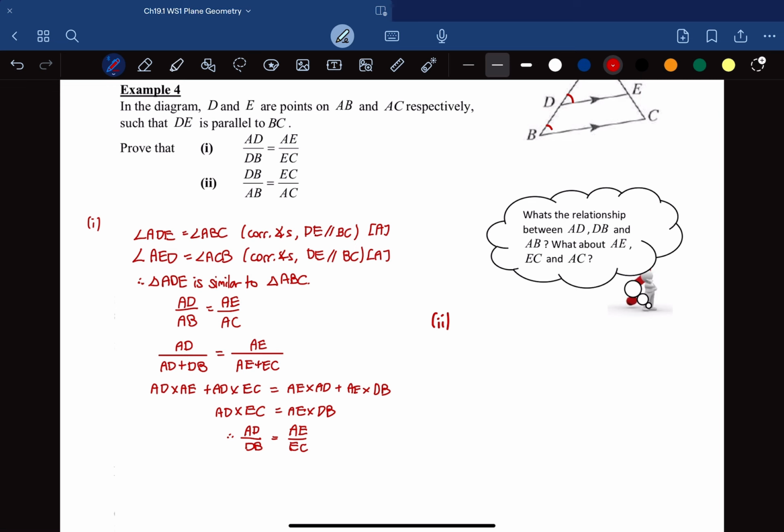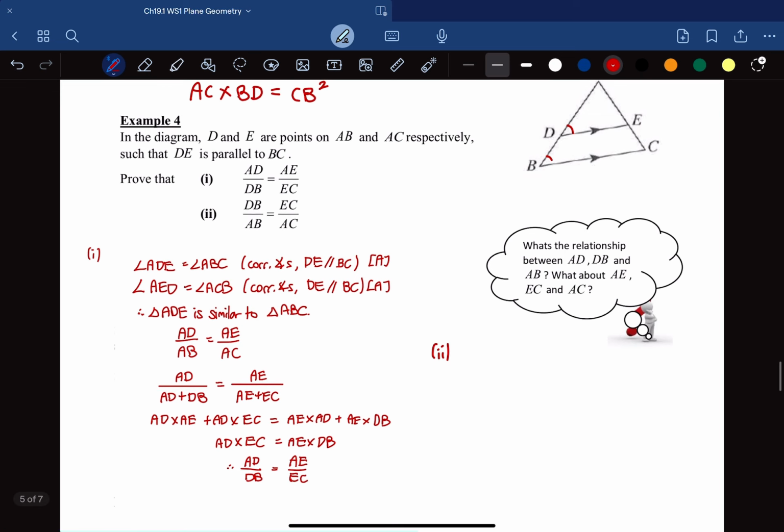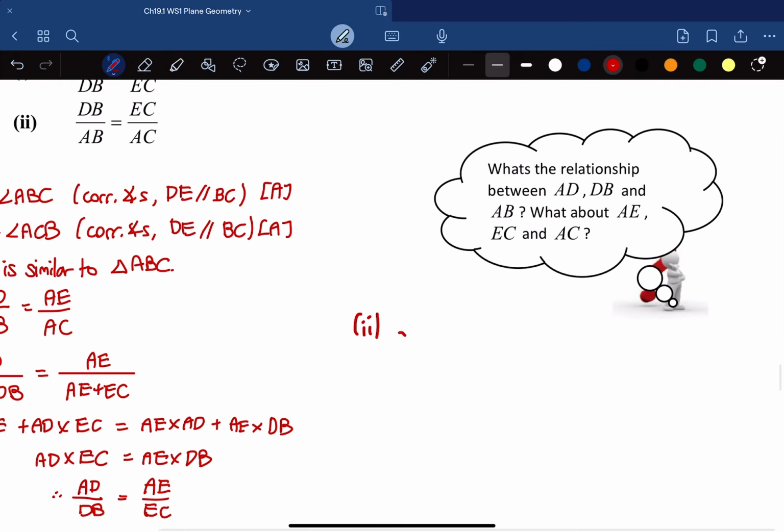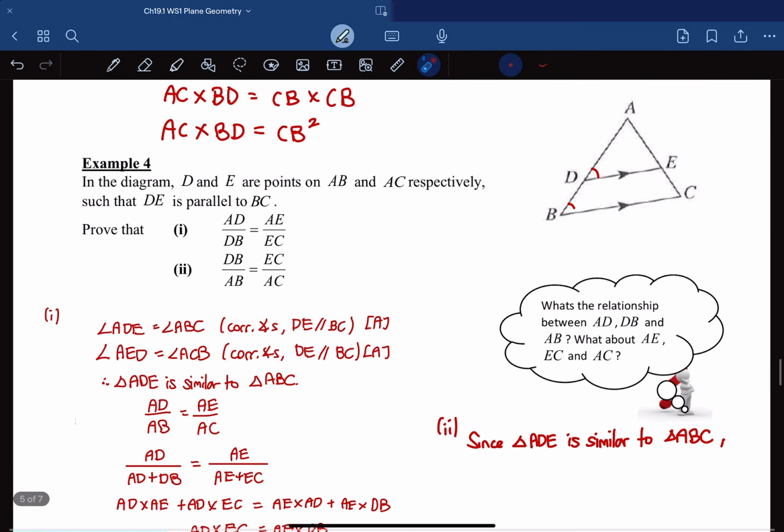For part 2, since I've shown in part 1 that triangle ADE is similar to triangle ABC, using what I want to find in the question, because the question wants to find DB, by similarity of triangles, I know that this DB here can only be obtained from AB if I want to use the properties of similar triangles.